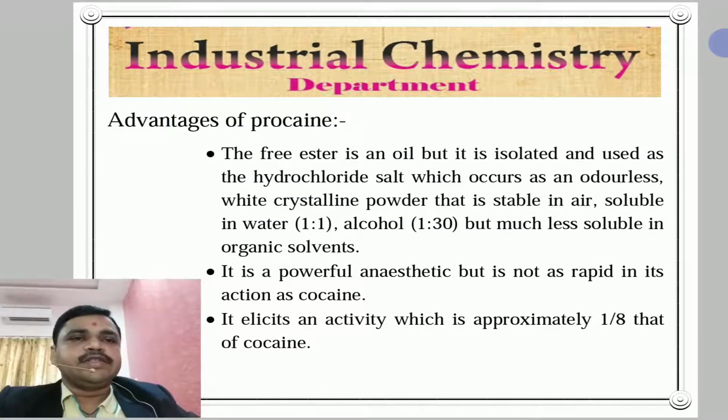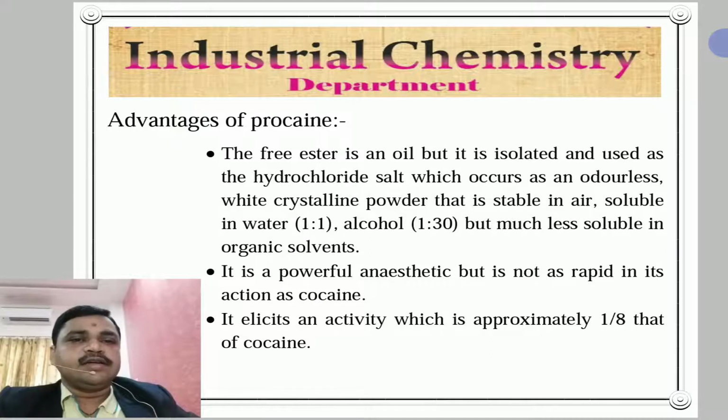The free ester is an oil, but it is isolated and used as the hydrochloride salt, which occurs as an odorless white crystalline powder that is stable in air, soluble in water 1 in 1, alcohol 1 in 13, but much less soluble in organic solvents.